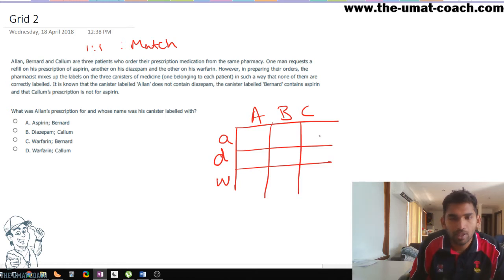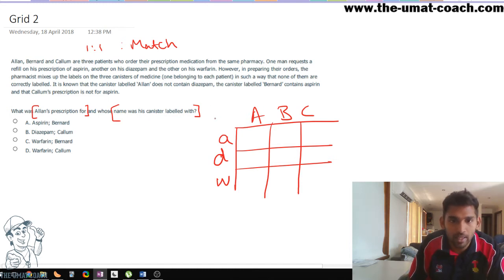But the thing about this question is that there are two parts to it. As you can infer by reading the question, one is to figure out whose prescription is for who and what the labeling is for. So what will this grid show? Is it going to show who the prescription is for, or who the labeling is for? Well, it doesn't matter.